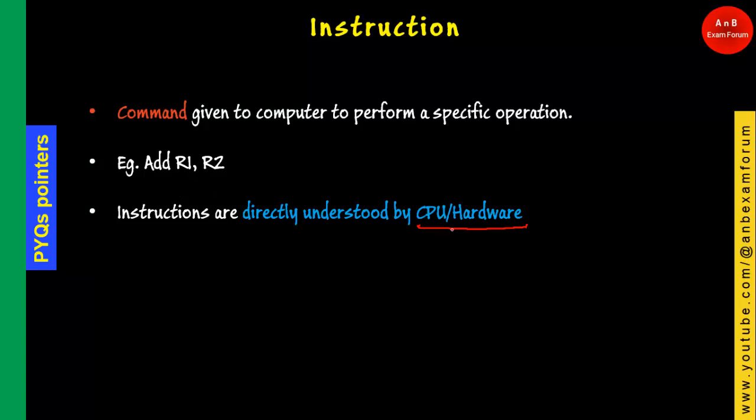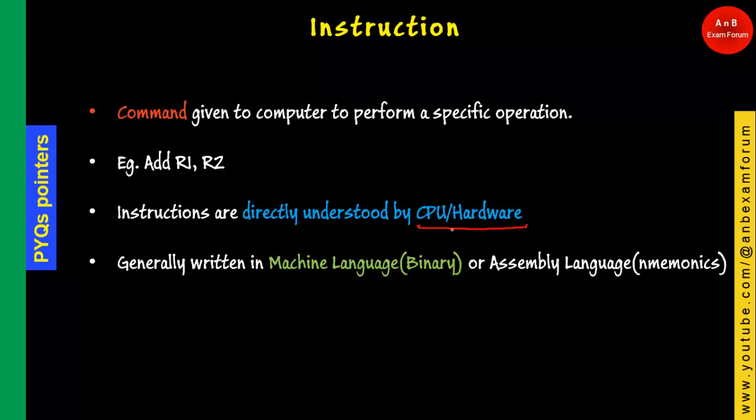Okay, and you should remember that these instructions are written in binary language. Why binary? Because binary or machine language can only be understood by the computer or the hardware. Okay, and these instructions, for simplification, are generally also written in assembly language. All these type of language we are going to cover in the language translator chapter in the upcoming days.